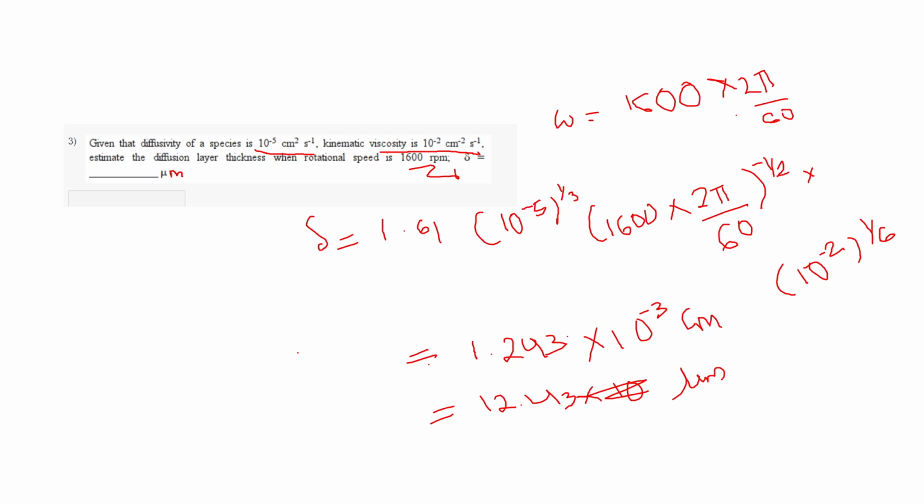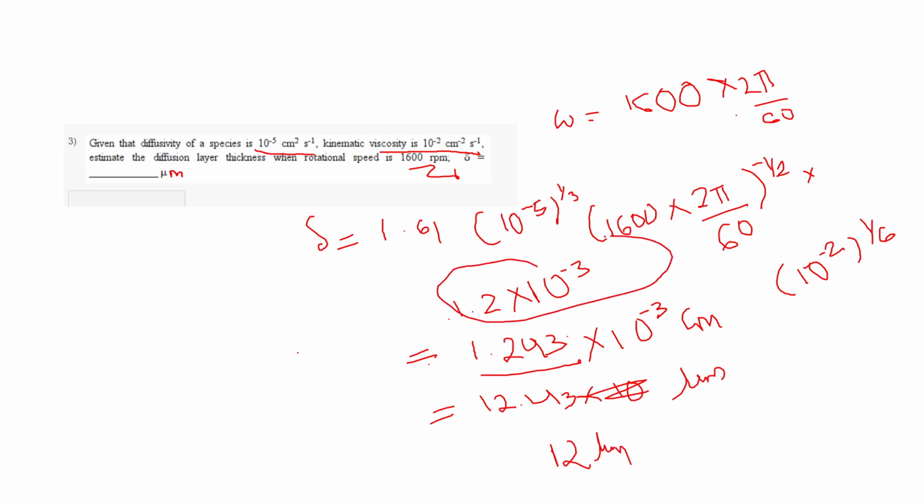So don't chop off the decimal after the first place. I have written here 1.243 into 10 to the power minus 3, which I have done by hand. Do not chop off after the first decimal, because then it will be something like 1.2 into 10 to the power minus 3, and when you're writing it in micro, you are getting 12 micrometer, so the answer is going wrong.